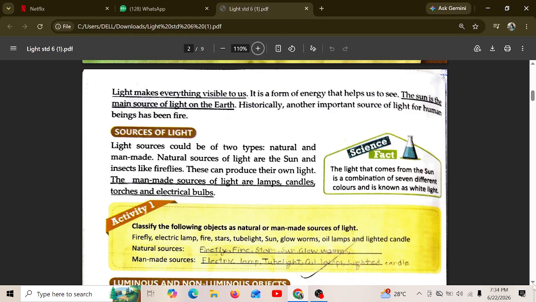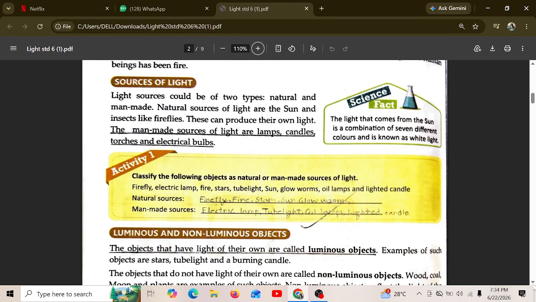Okay, moving on, we are having some other examples. See, there is an activity given where they are asking the natural sources of light and the man-made or artificial sources of light. We can see various other examples as well, so you can have a look here as well.